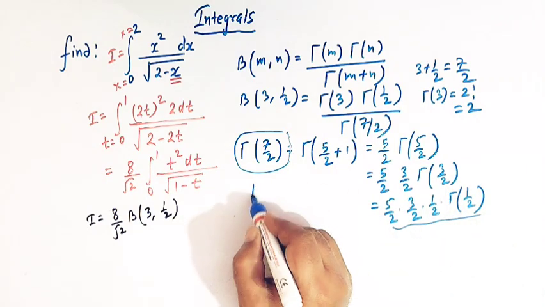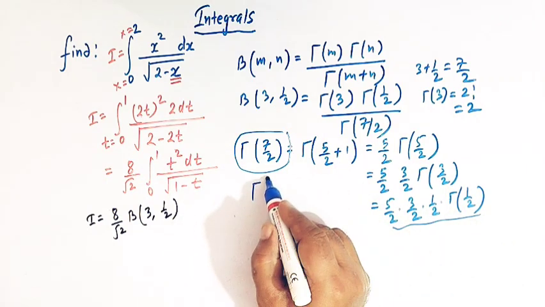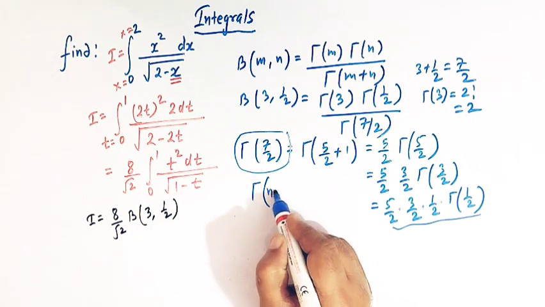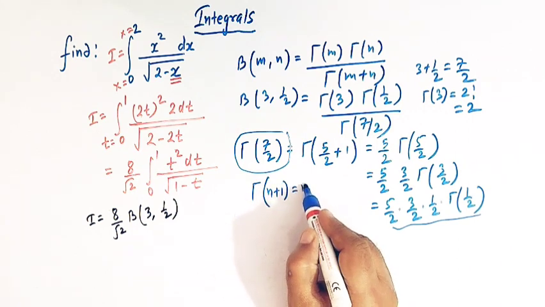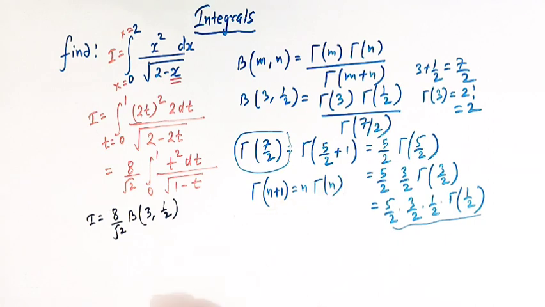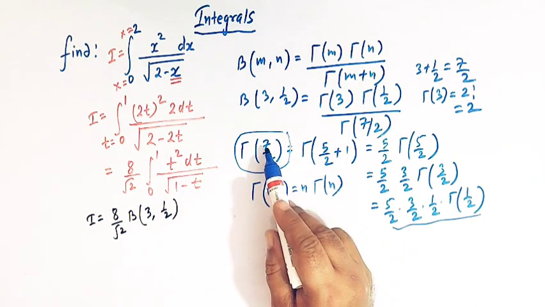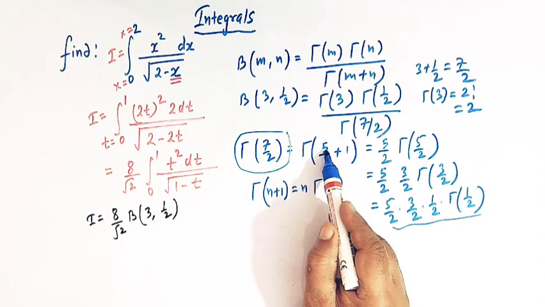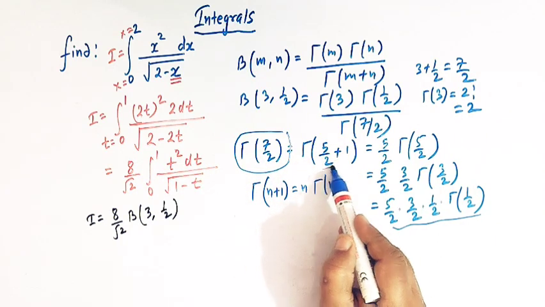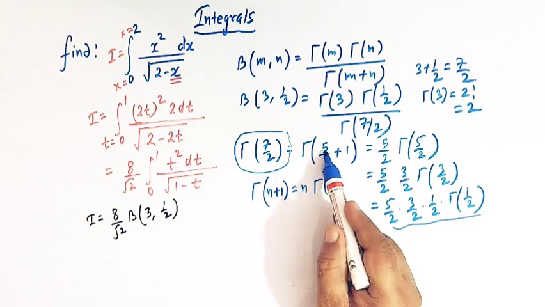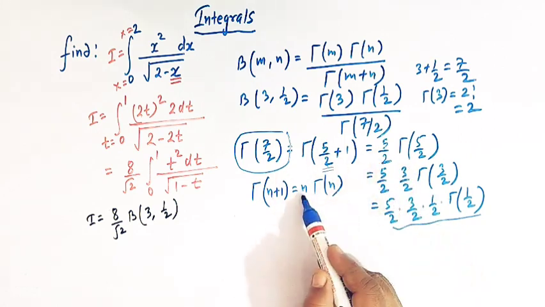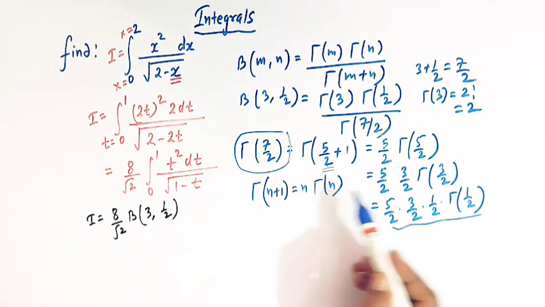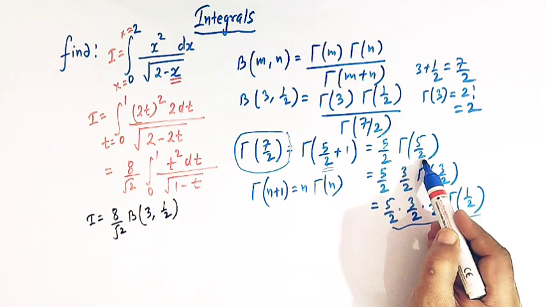So here we have made use of this result, that is gamma of n plus 1 is equal to n times gamma of n, right? So here 7 over 2, we have written 7 over 2 as 5 by 2 plus 1, so our n is 5 by 2, so we have 5 by 2, that is n, times gamma of n, that is gamma of 5 by 2.